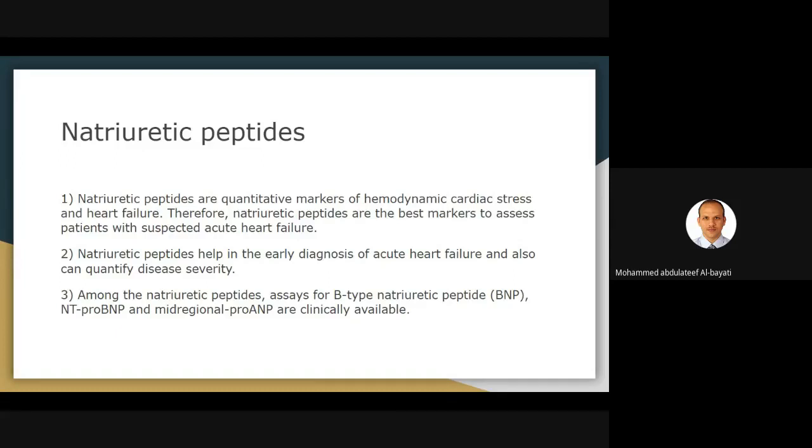When the heart fails, the pump function will not be enough to pump enough blood to tissue, so the fluid or the blood will have more hydrostatic pressure before the failing half of the heart. We have right-sided failure and left-sided failure.